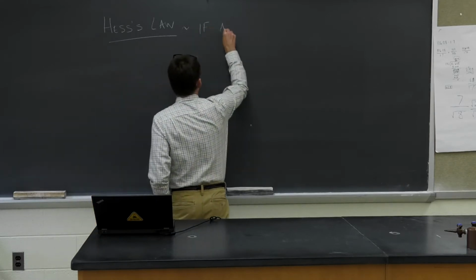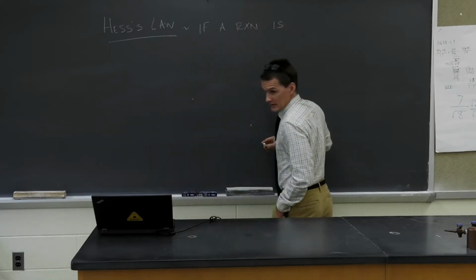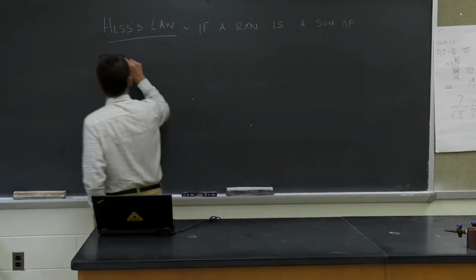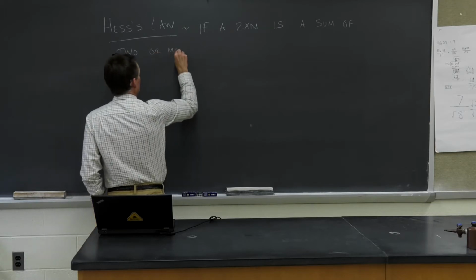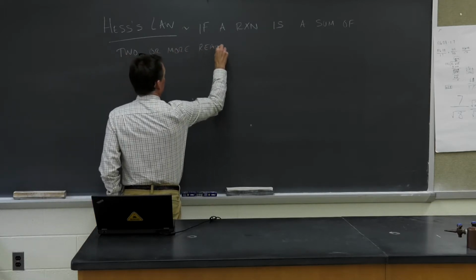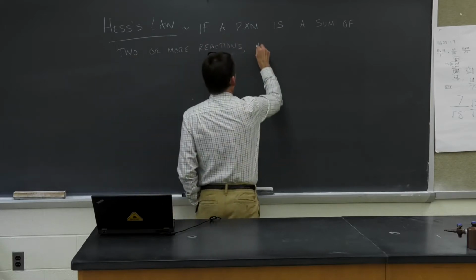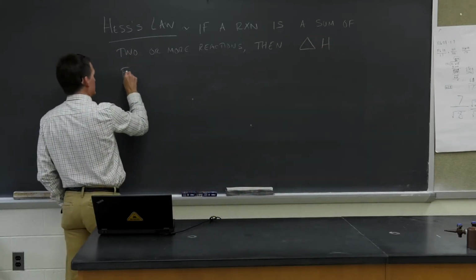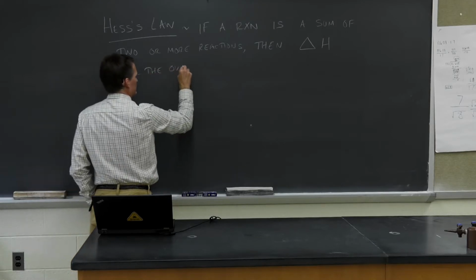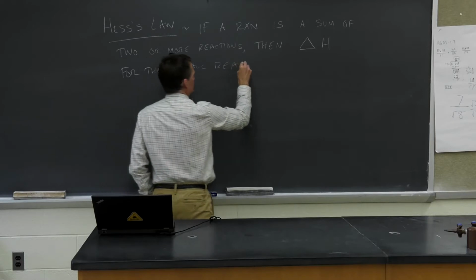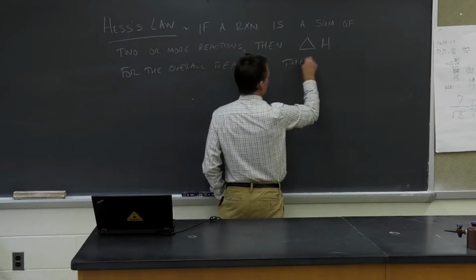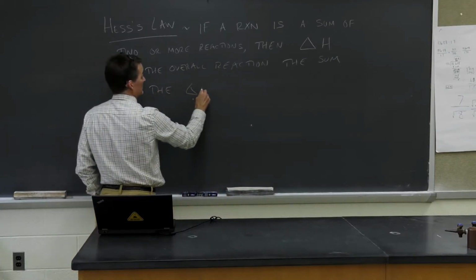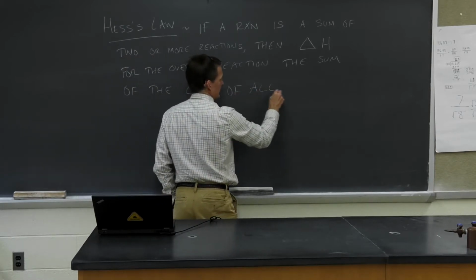So if a reaction is a sum of two or more reactions, then the enthalpy change for the overall reaction is simply the sum of the enthalpies of all reactions in the sum.